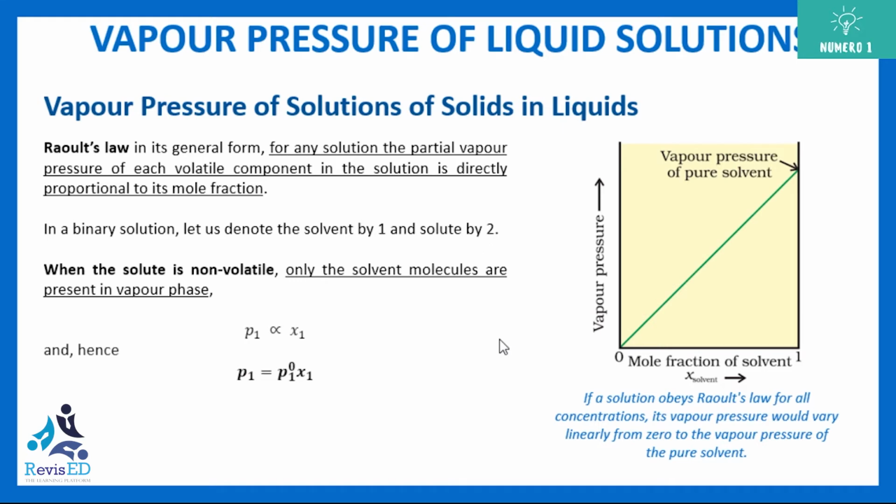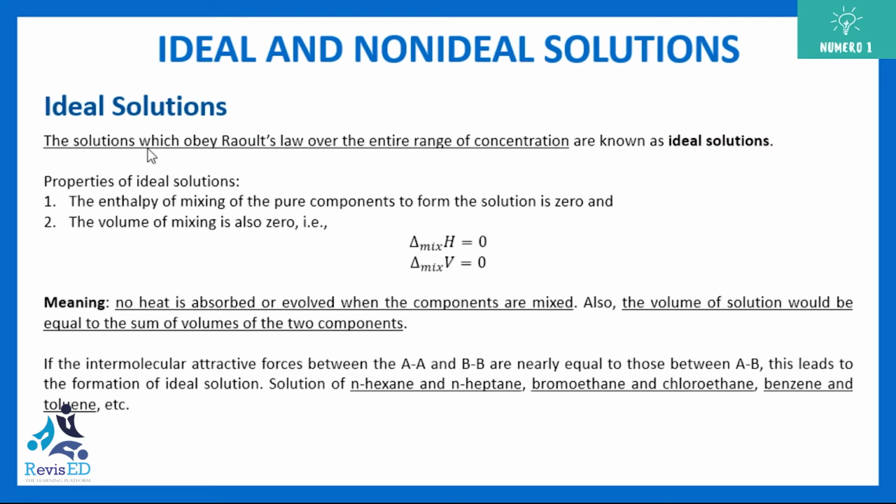Going ahead, there is something called an ideal solution. Ideal solutions are those solutions which obey Raoult's law over the entire range of concentration. Now there are some properties related to the ideal solution. The first property is that the enthalpy of mixing of pure components to form the solution is 0, that is, delta H of mixing is equal to 0.